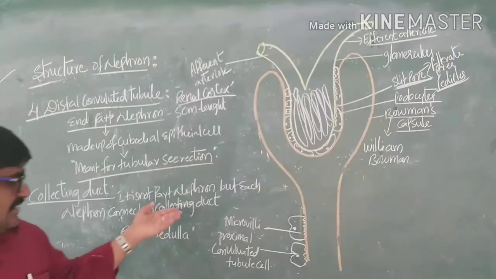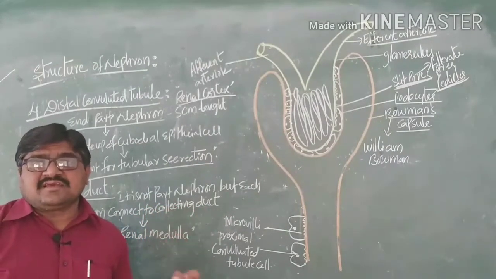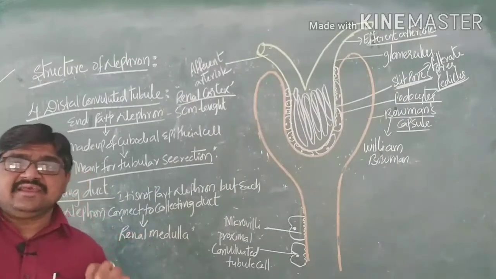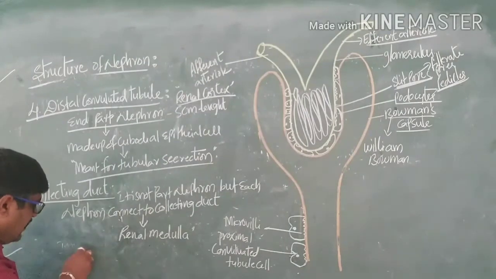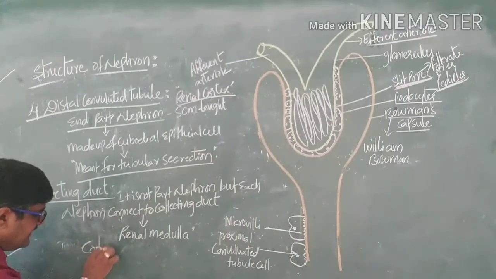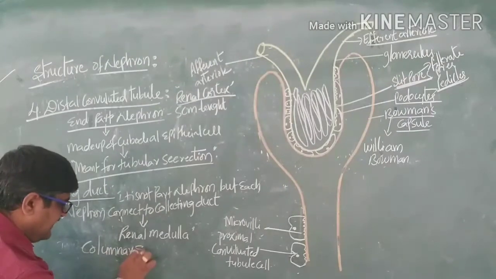So each nephron is connected to the collecting duct, which is mainly made up of columnar epithelial cells.